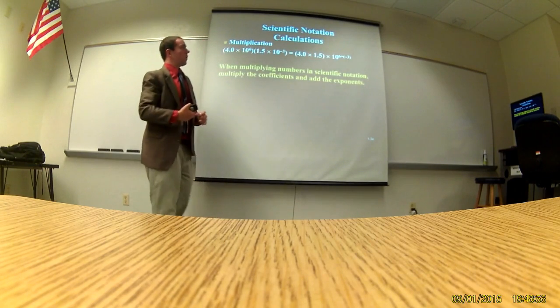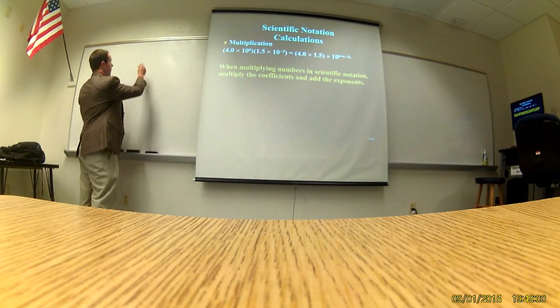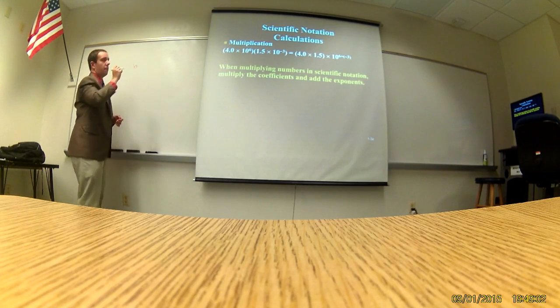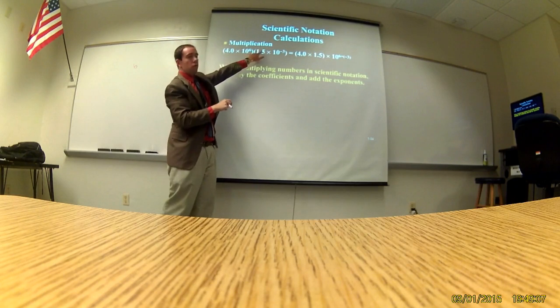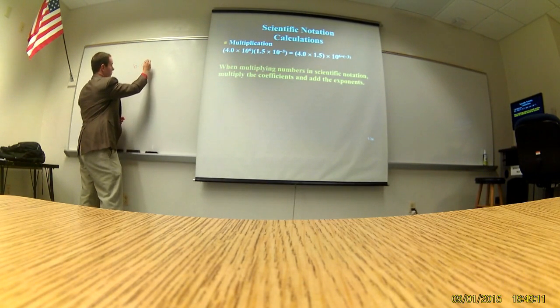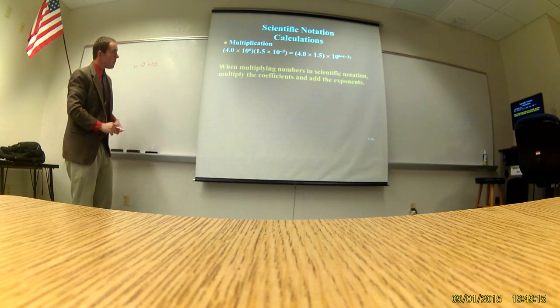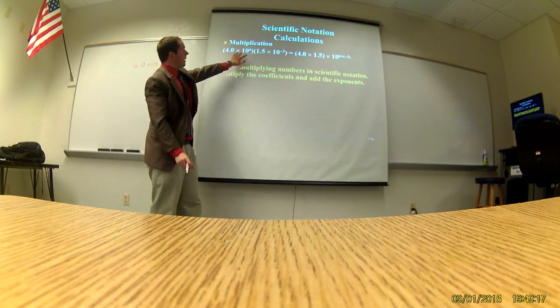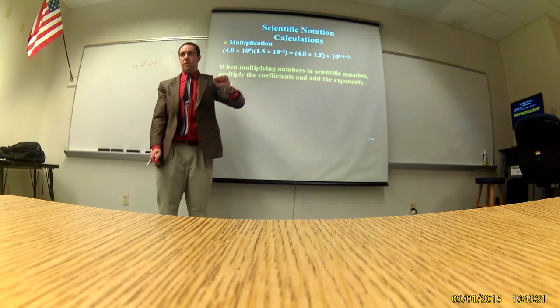What is 4.0 times 1.5? It's 6. How many sig figs do I have to have? 2. There's 2 and there's 2. So my answer has to have 2. So it's 6.0 times 10 to the something. When you multiply exponents, you add them together.